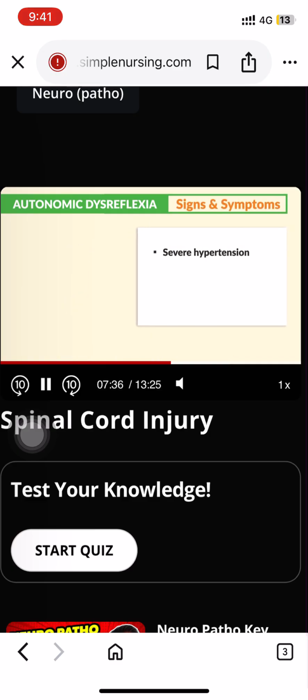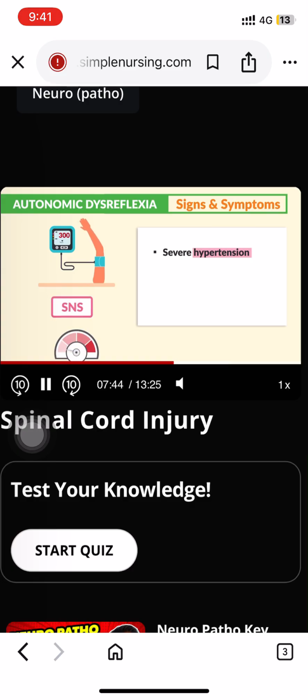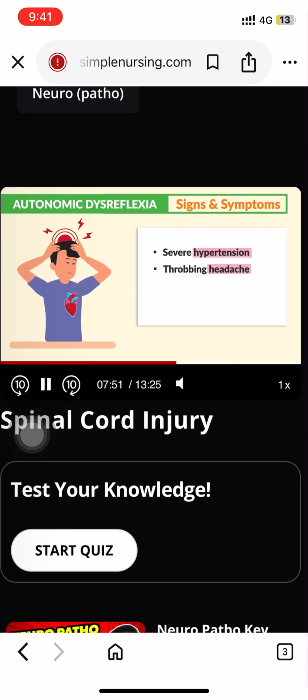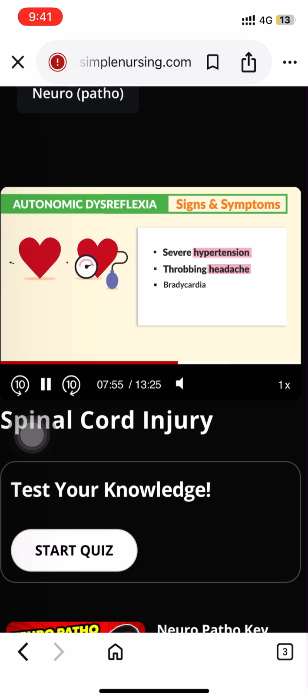So the key signs and symptoms to write down, we have severe hypertension, which typically kills our patient from a stroke. So remember, up to 300 systolic from that high SNS, that sympathetic nervous system, as well as a throbbing headache, obviously from all that blood pressure pounding against the brain. And we also get bradycardia, that low heart rate below 60 from the PNS.